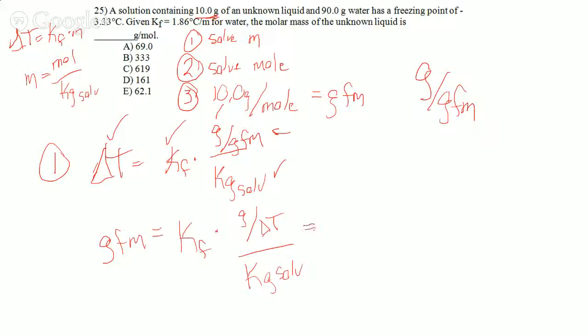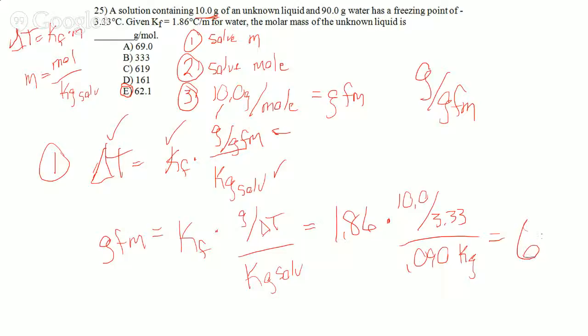Now you just plug in all the numbers at once, which in my opinion is a lot easier than writing stuff down, rounding, and doing all that nonsense. So it'd be 10.0 over the delta T, which would be 3.33, and that's all over the kilograms of solvent, 0.090 kilograms, and you get the answer being 62.1, choice E. That's it.